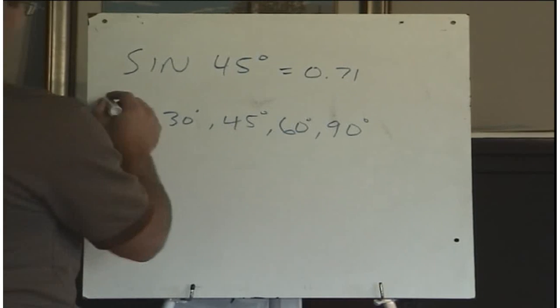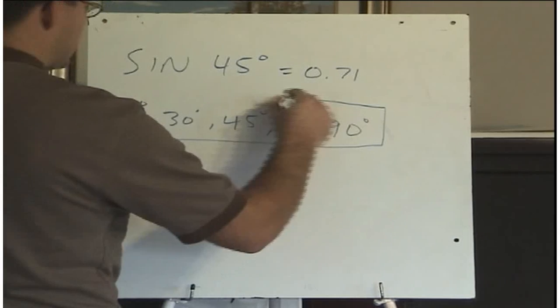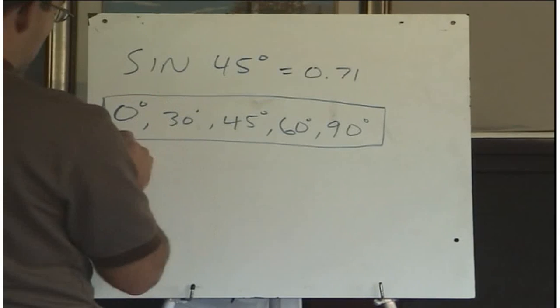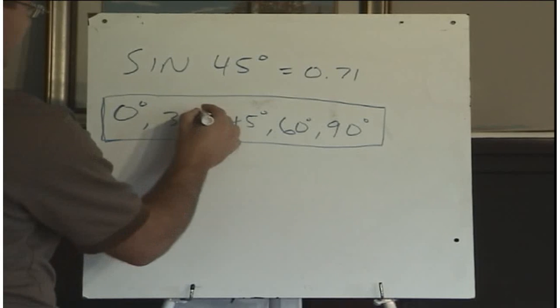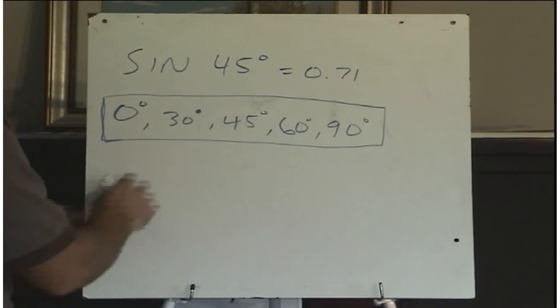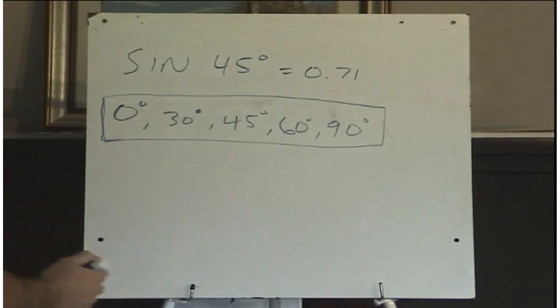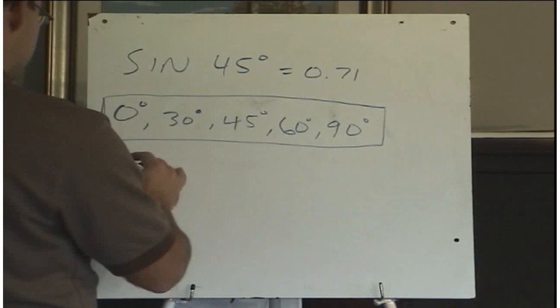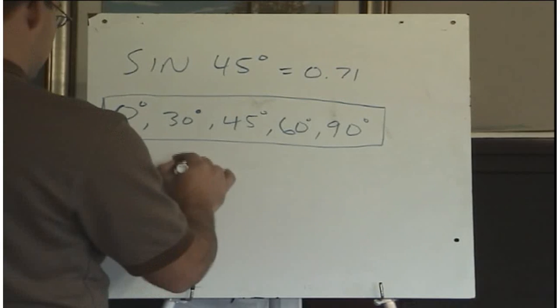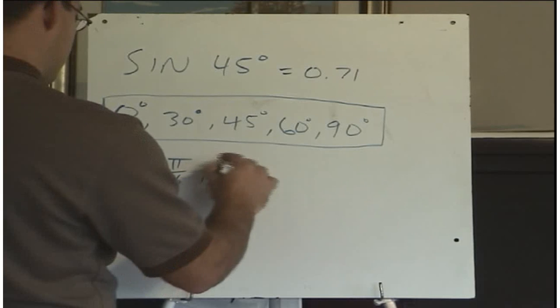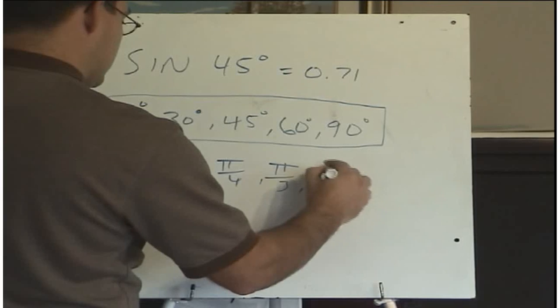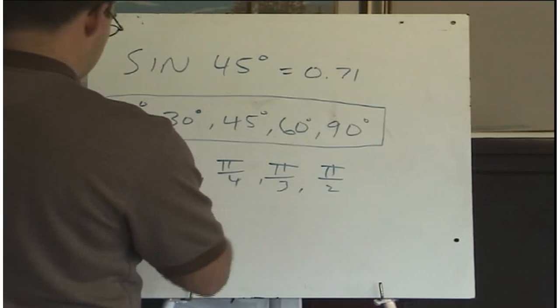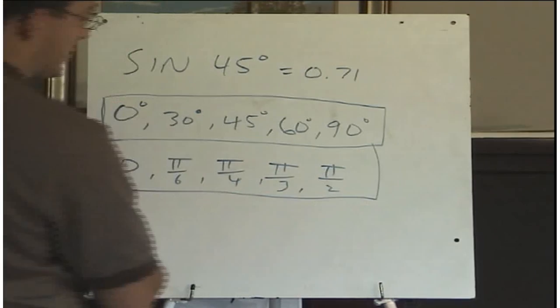So what that means is we must memorize or be able to calculate exactly, in other words without a calculator, the sine, cosine, and tangent of all of these angles in degrees and in radians. Their corresponding radian measure would be these.